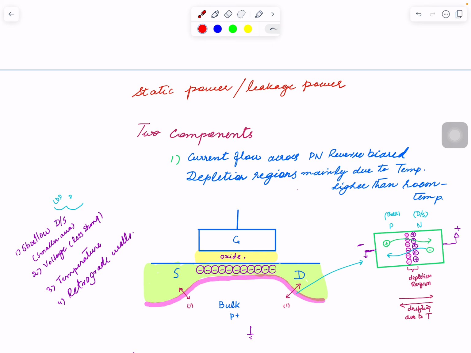Okay, so here are some of the things I mentioned, and some of the things you might hear me talking about more in very soon coming videos, where I will talk about scaling or short channel effects and all that. But let's try them. The first thing is shallow drain source, smaller area, which I mentioned. If you have this barrier with a smaller area here, this thing is smaller.